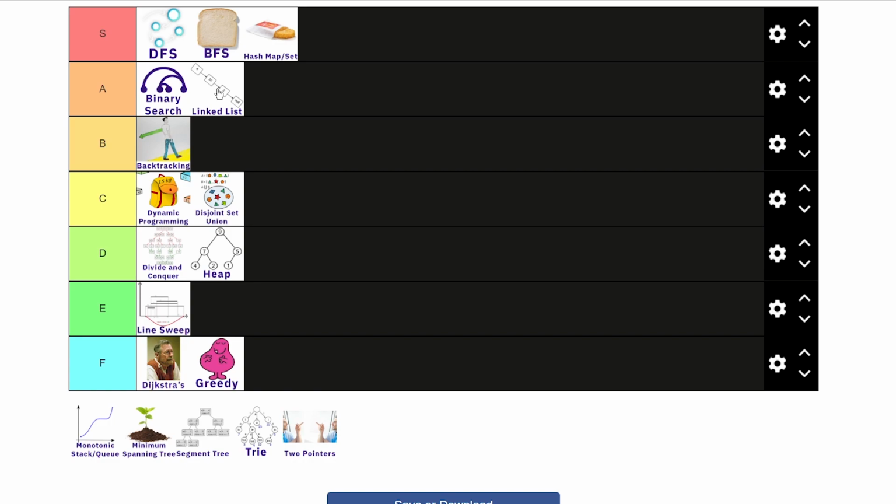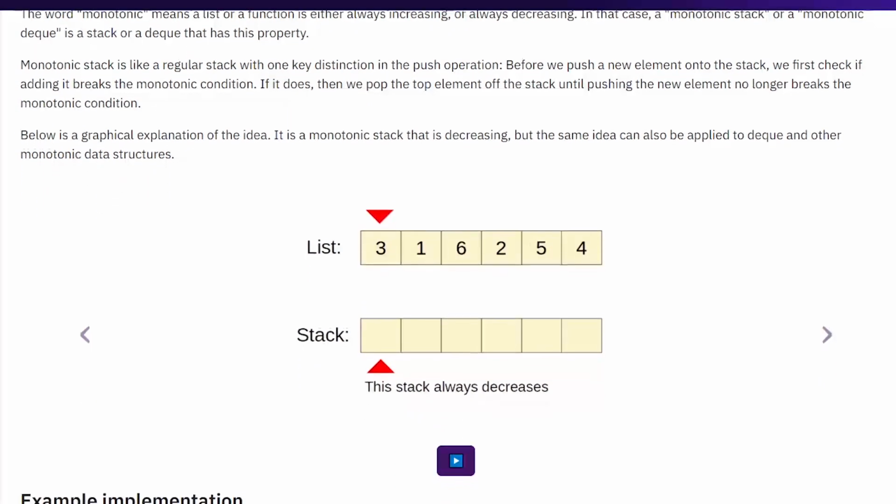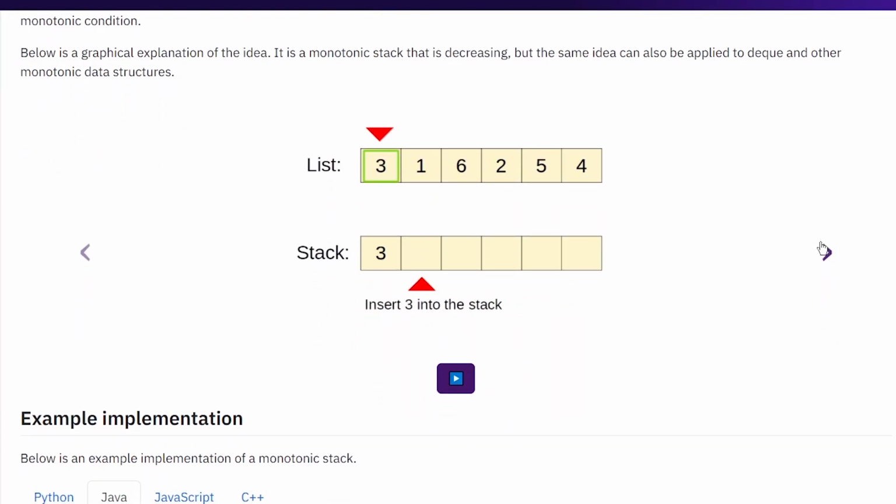So that's pretty good. The next data structure that we have is the monotonic stack and queue. So the idea of the monotonic stack and queue is it's really useful for when you want to dynamically look for something, and that specific something is the first value that's greater than the current value or the first value that's less than the current value.